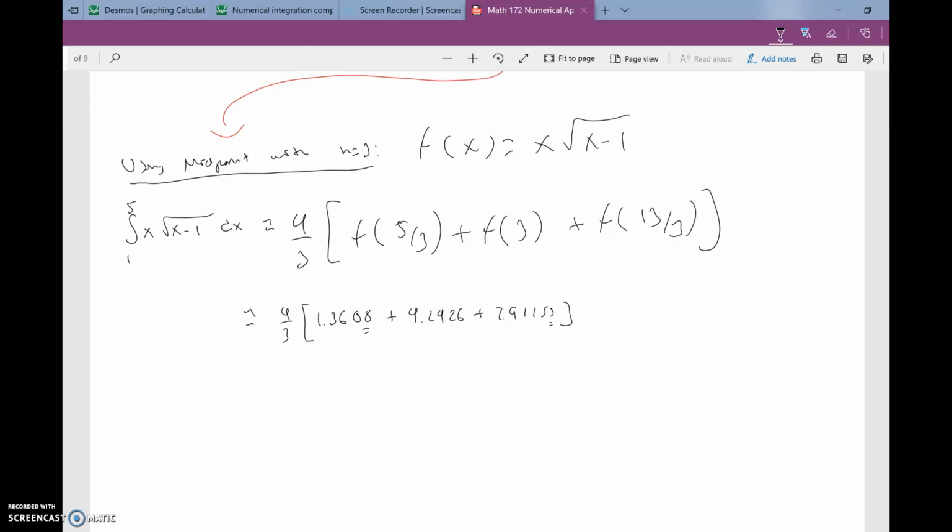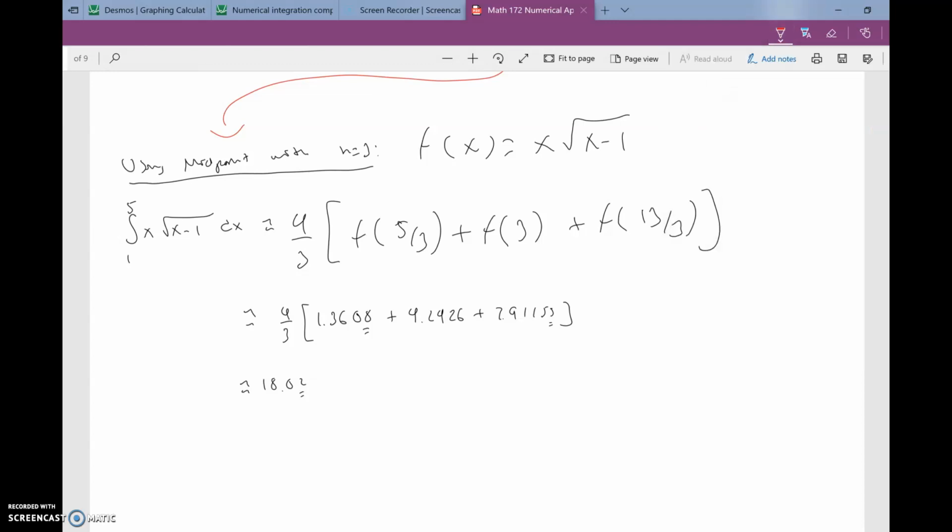Okay, so at this point, plug them in. I'm getting that this is approximately 18.02.